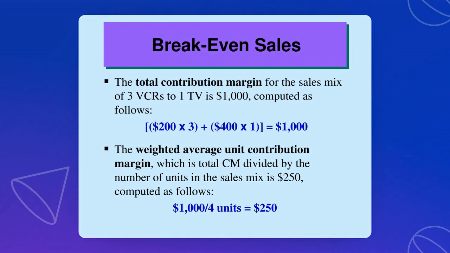First, in terms of the break-even, the total contribution margin for your sales mix, for example, of 3 VCRs to 1 TV, can be computed as follows. How do we compute the CM?